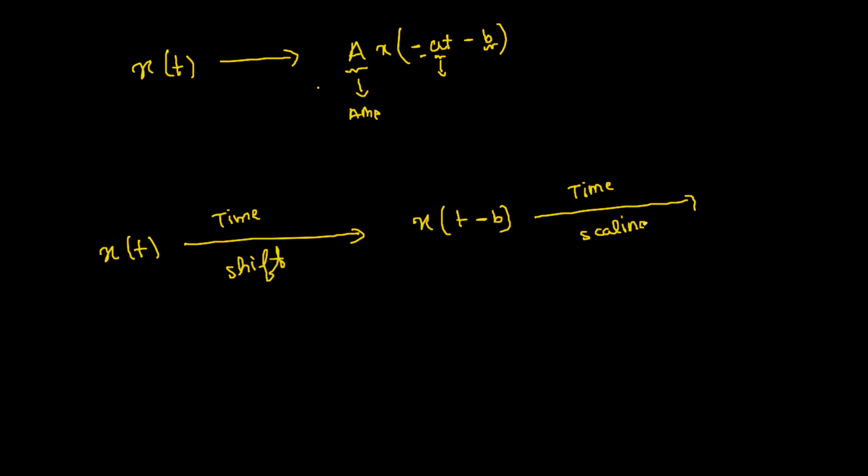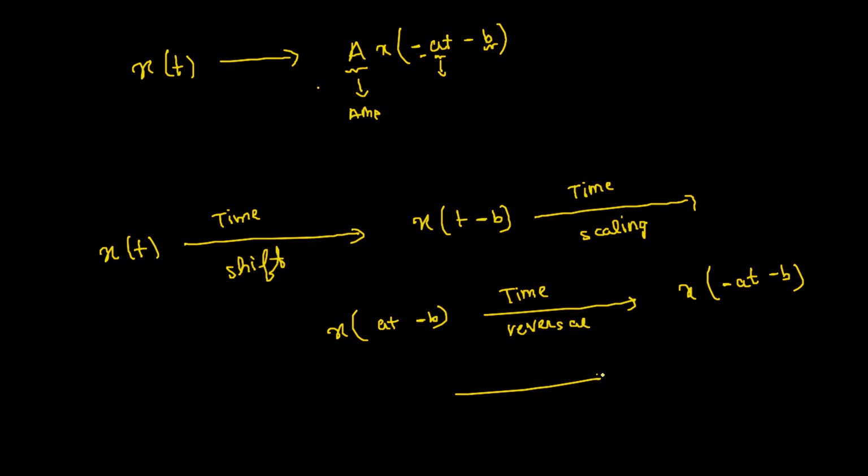So x of t minus b becomes x of at minus b. And then the last thing we do is time reversal. So now we get x of minus at minus b. And then at the end you can do amplitude scaling.